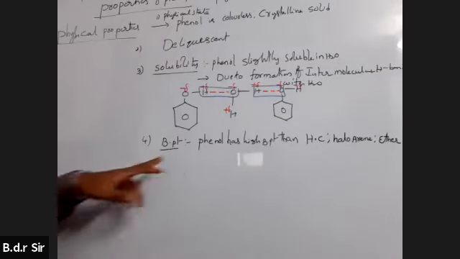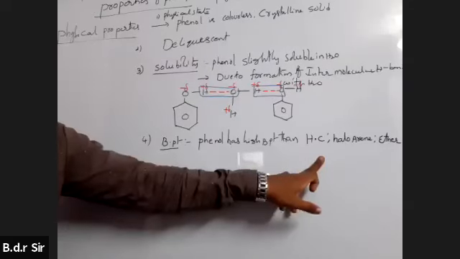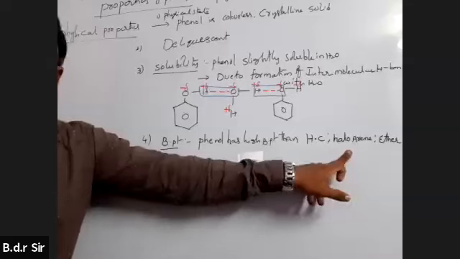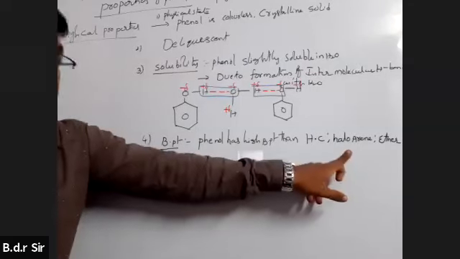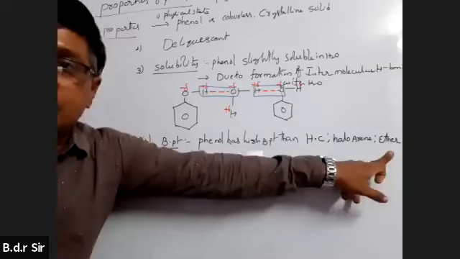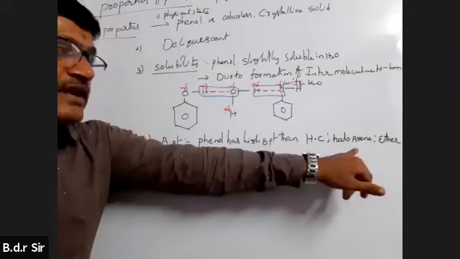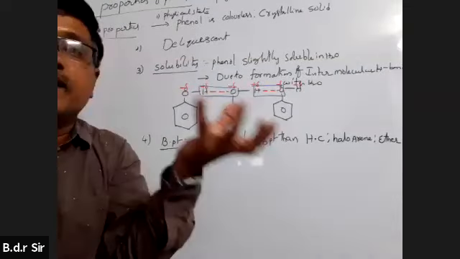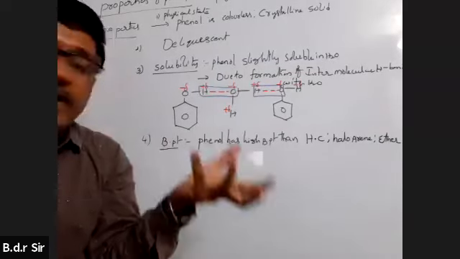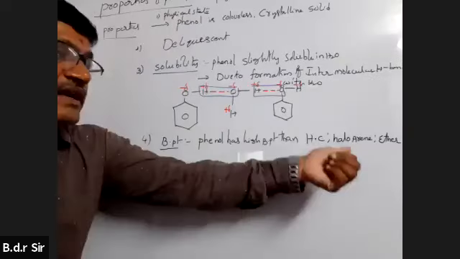I repeat, phenol has a high boiling point than hydrocarbon, means alkane. Halogen means either chlorobenzene or bromobenzene or fluorobenzene or iodobenzene. And ether with comparable masses. Means if phenol and hydrocarbon, halogens and ether have the same molecular masses, then the boiling point is more in phenol than compared to the remaining.